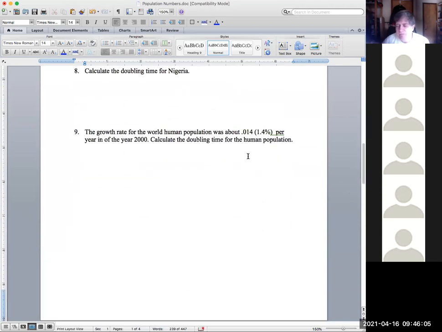They've already done that for us. So what's the growth rate for the world? Well, we just have to take 1.4, not 1.5. We just have to take 69, our rule of 69, and divide by 1.4. Or again, if you like, keep in mind you can do 0.69 divided by 0.014. You should get the same answer either way. And in this case, you're going to get just shy of 50 years.